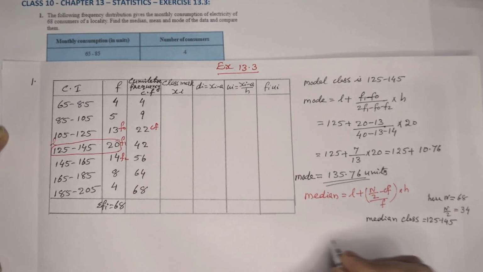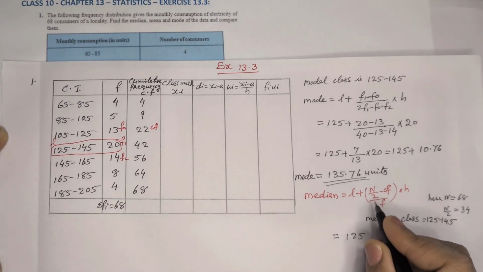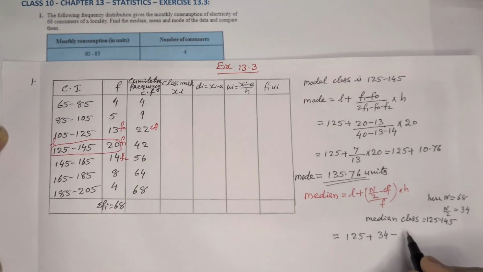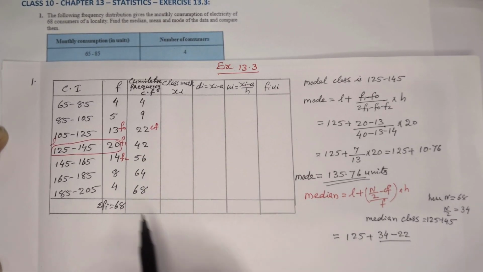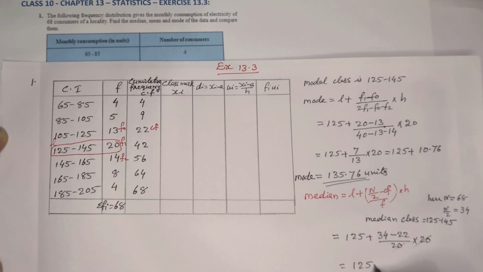So we can write median is equal to L, that is 125, n by 2 is 34, minus cf, that is 22, by f, that is 20, into class size 20. So this 20 and 20 will cancel, which is equal to 125 plus 12. That means 137.